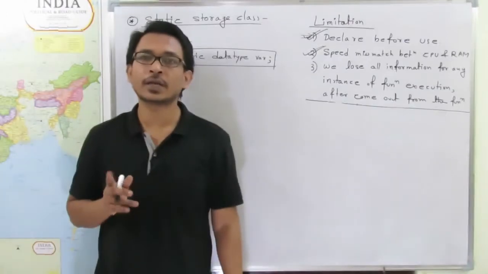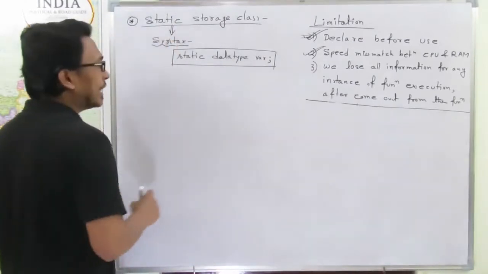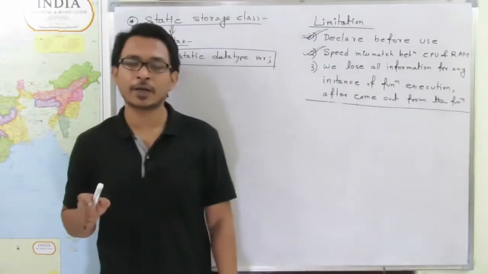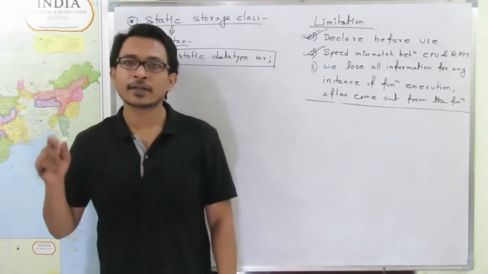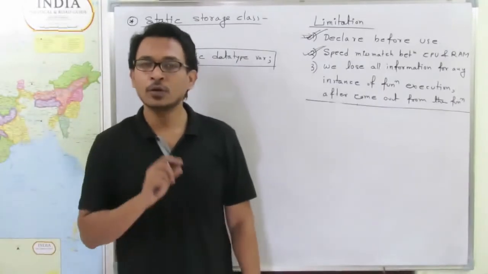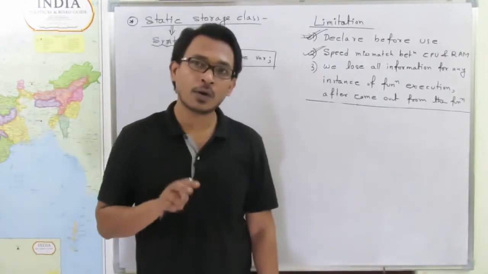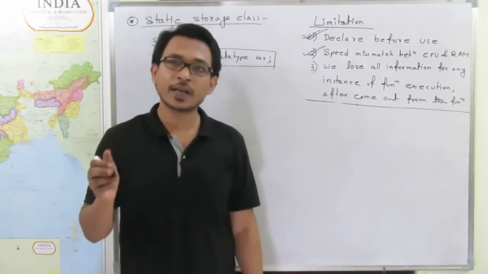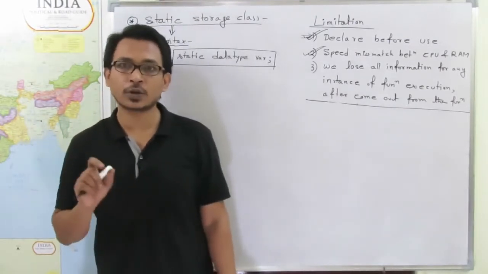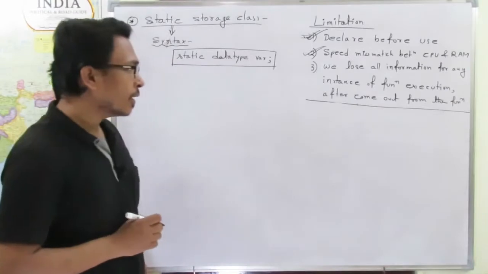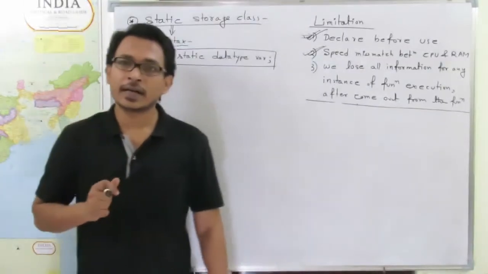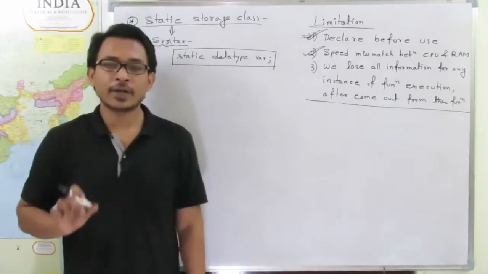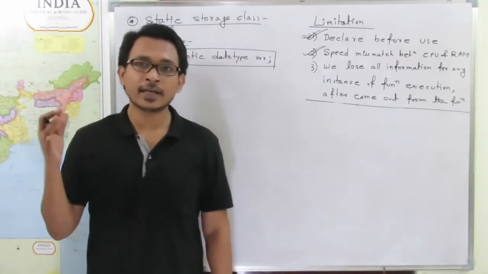We need to know that thing. Whenever we declare any variable, the first task is to allocate memory for the variable, and then the system will initialize the value. So first of all we need to know how the system will allocate memory when we declare the variable with the help of static storage class. Generally, when we declare a global variable, the memory is allocated from the data section.